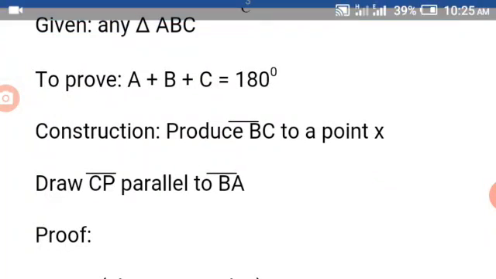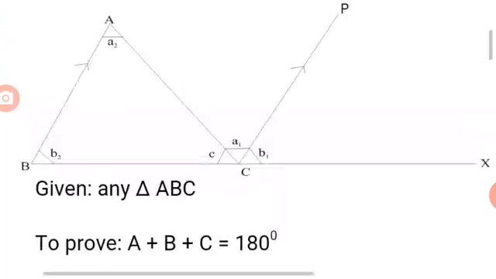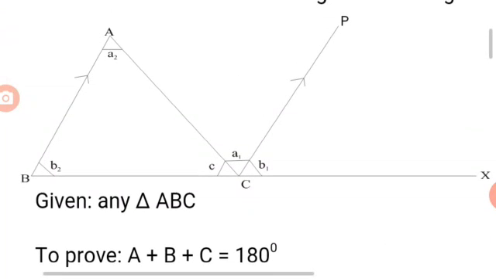Now draw line CP. Is that clear? Draw a line CP parallel to BA. I've explained that.